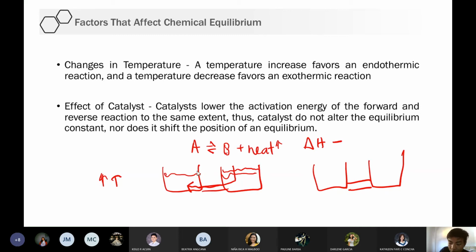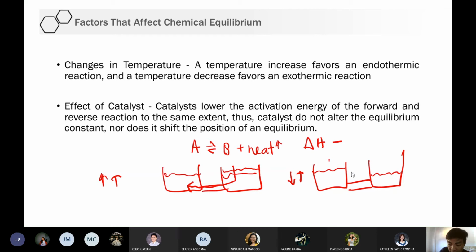However, if you decrease the temperature, the heat is decreased as well, so you decrease the amount on the product side. Decreasing the temperature will decrease the heat, which means the amounts of the products will decrease as well.